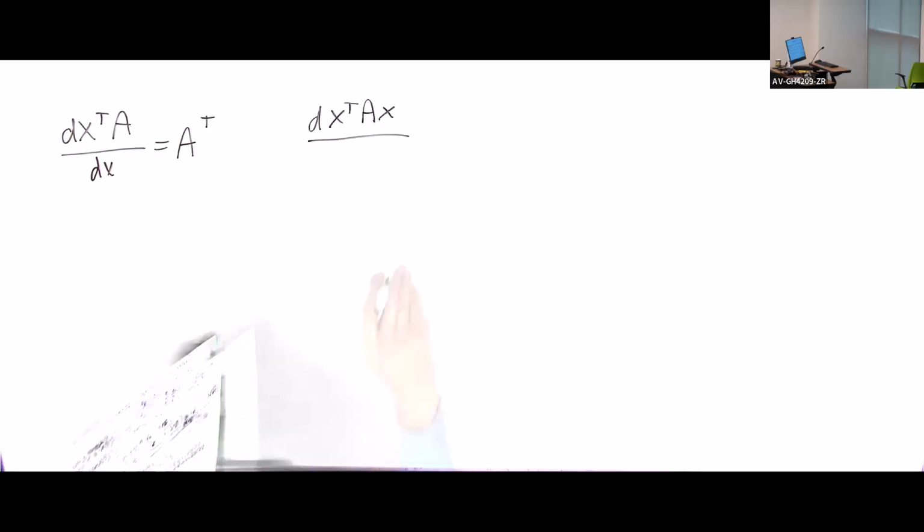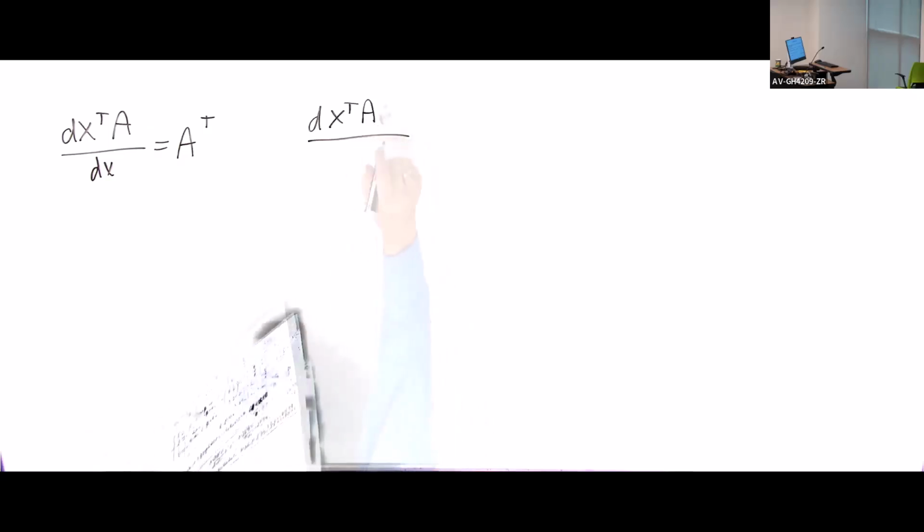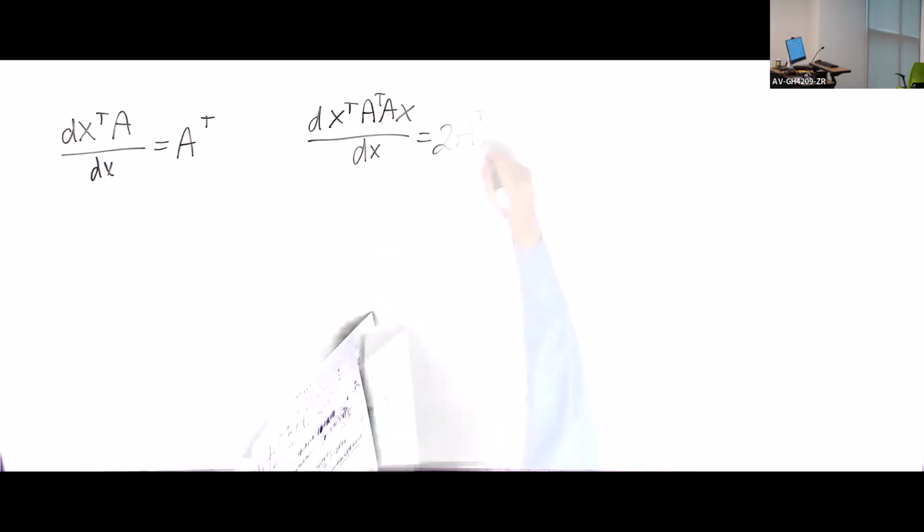And the second formula is d(x transpose A x)/dx. We will call it the quadratic form later. It's x transpose A plus x transpose A transpose, but for the square form, with A transpose A, it will be twice A transpose A X. So it's something similar to AX squared, but X is multiplied on the left and on the right, and it's transposed.